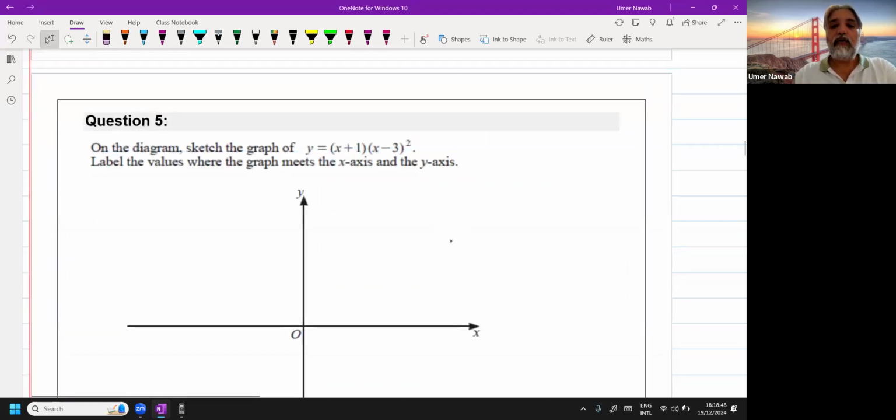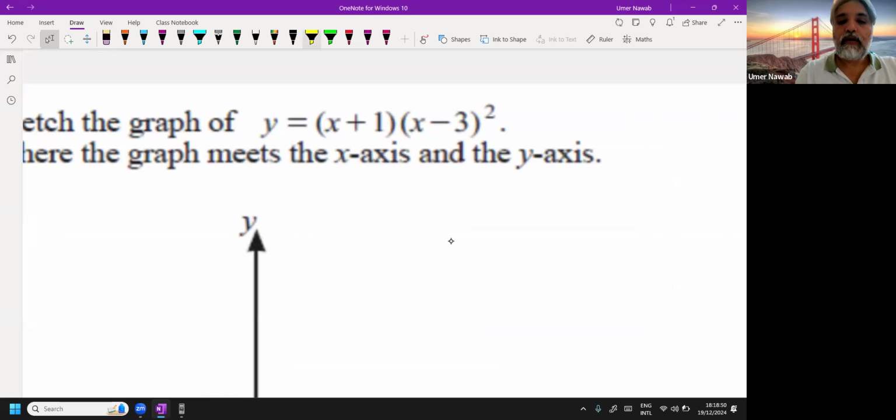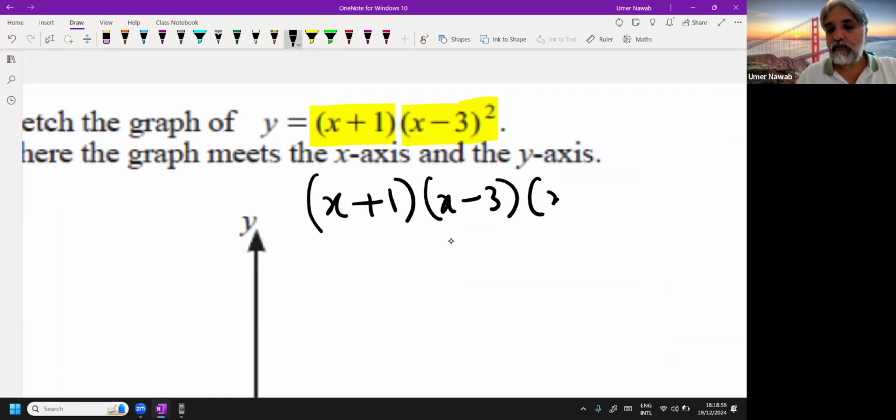Because the guy gave you linear and linear repeated. If I multiply them together, if I try to expand them, you know how to do the expansion?